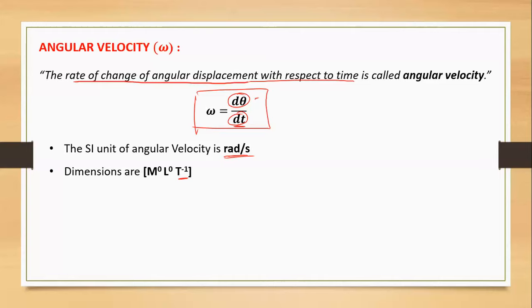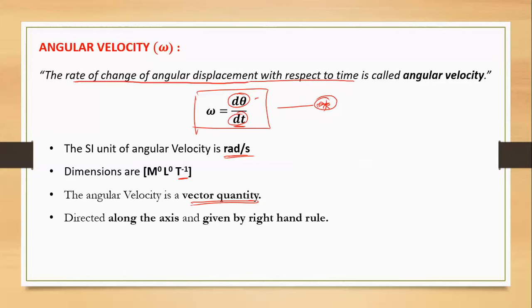Now we have to discuss whether it is scalar or vector. You remember, angular velocity is a vector quantity. If it is a vector, then it has a magnitude and direction. Magnitude is given by this formula. Direction is the same as the angular displacement, along the axis, and given by the right hand rule.